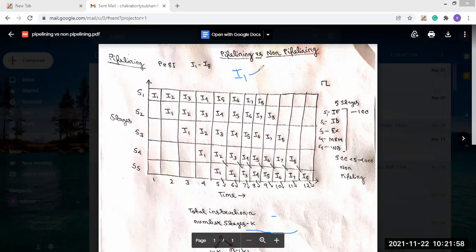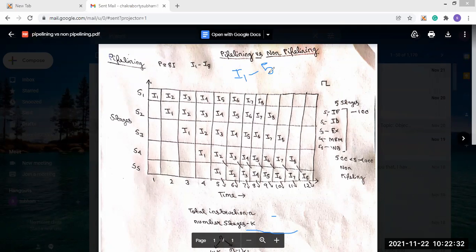We have a total of 5 stages and each stage requires 1 clock cycle, so a total of 5 clock cycles. Same for I2: to execute this I2 instruction we again require 5 clock cycles. Same for I3, I4, I5, I6, I7, and I8.